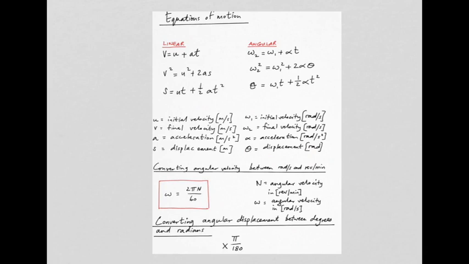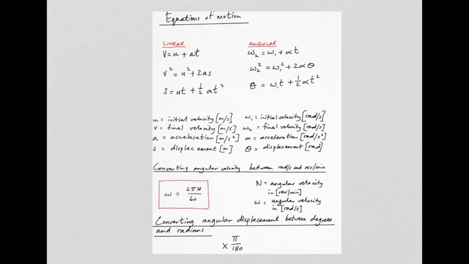So to recap, in angular terms, velocities are given in radians per second, and we normally use the variable omega. Accelerations are given in radians per second squared, normally using alpha. Displacement is now angular, how many radians one has turned through, that is our theta.